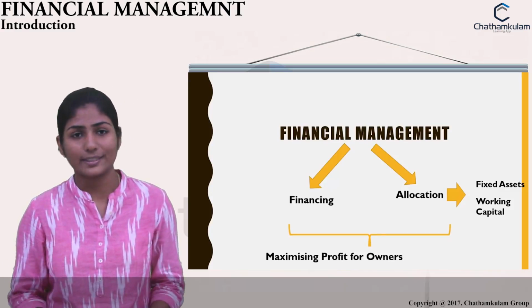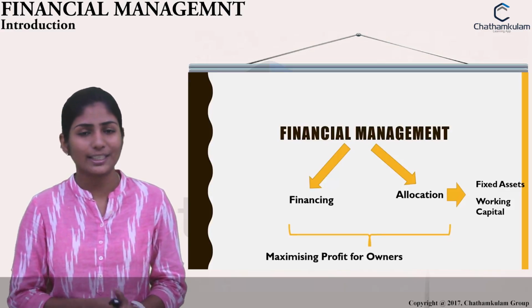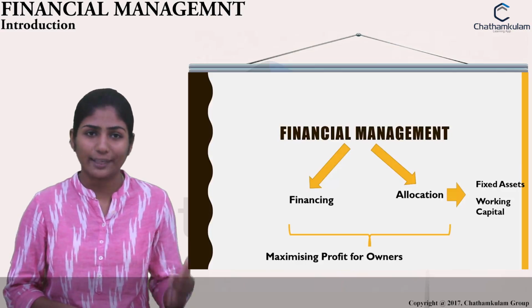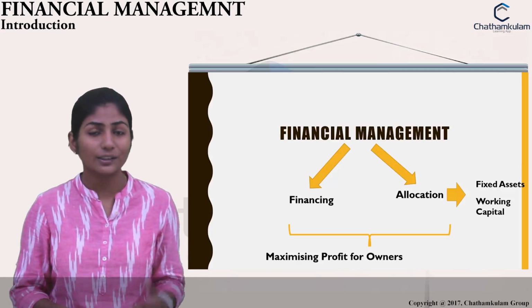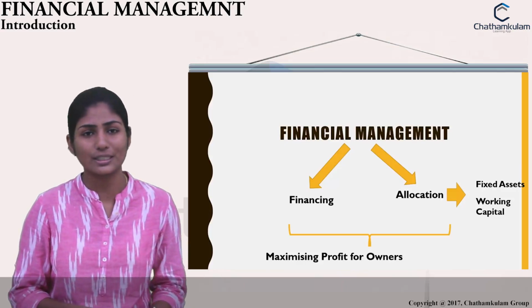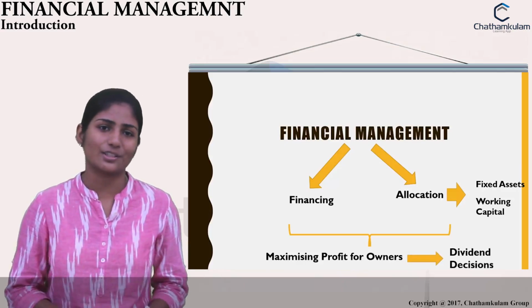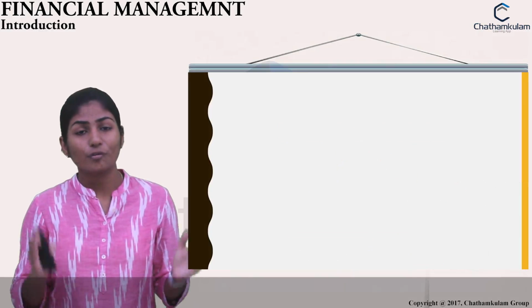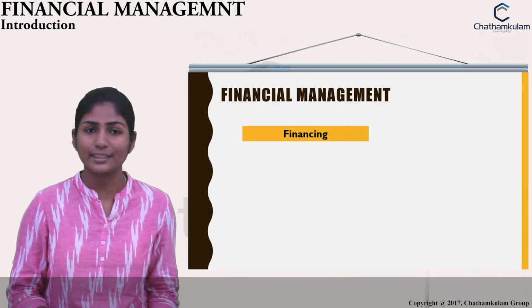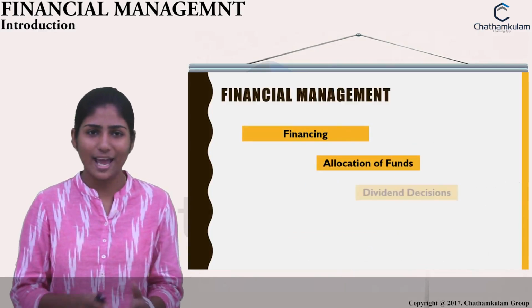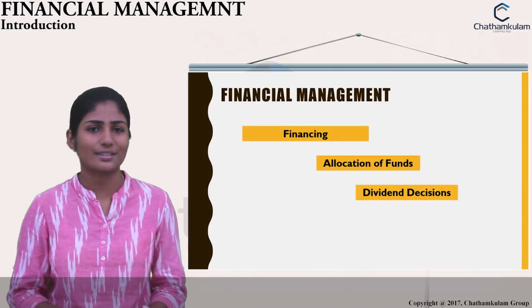So, we can say financial management is concerned with financing decisions, then allocating decisions, and profit distribution decisions, that is, dividend decisions. Therefore, financial management is concerned with financing, allocation of funds, and dividend decisions.